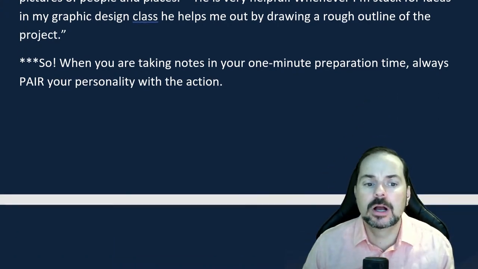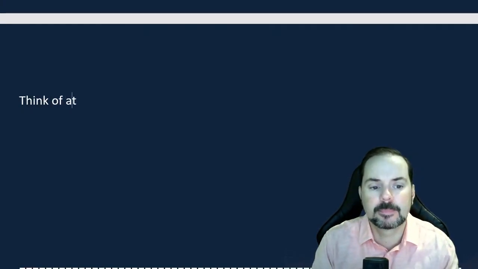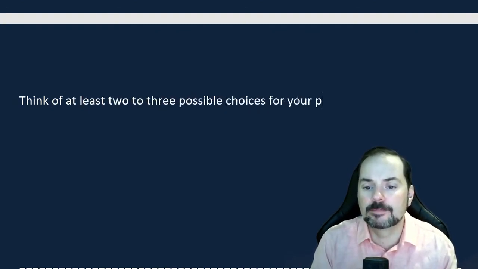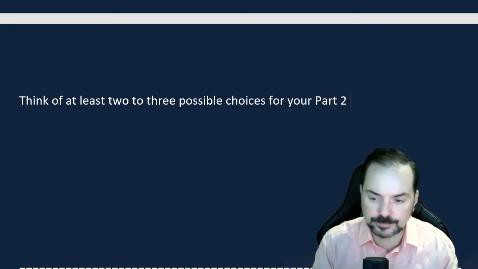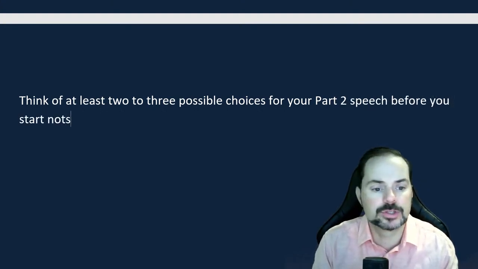Okay, so now the other very important step in part 2 is to think of at least a couple ideas. Think of at least 2 to 3 possible choices for your part 2 speech before you start your notes.